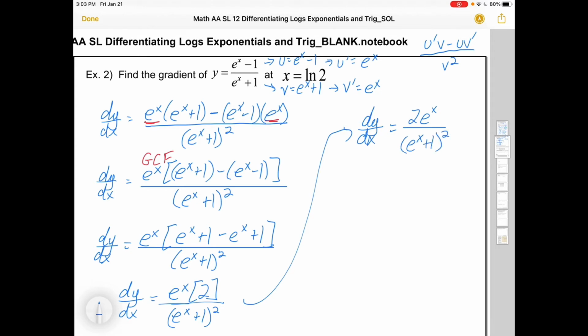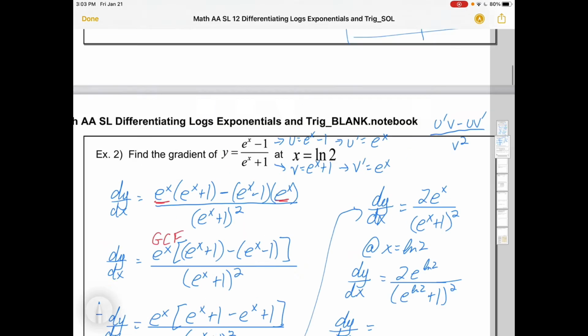Okay, that's the slope anywhere. At specifically x equals ln 2, let's find that slope. Now we plug in. So 2 times e to the ln 2 all over e to the ln 2 plus 1 squared. Well, e to the ln 2 is just 2. We looked at that earlier on.